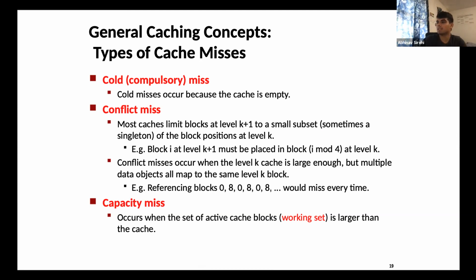And then we have a capacity miss where the number of blocks that we need is larger than the cache, so we just won't be able to store everything that we need in the cache, and because the capacity is full, we'll have a lot more misses because the cache isn't big enough to store all the things that we need. So let's say we need 5 things or 10 things, and our cache is only 4 blocks big.